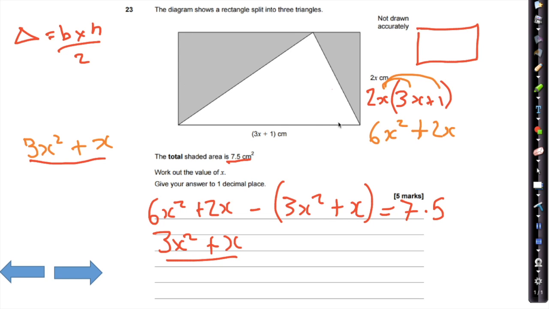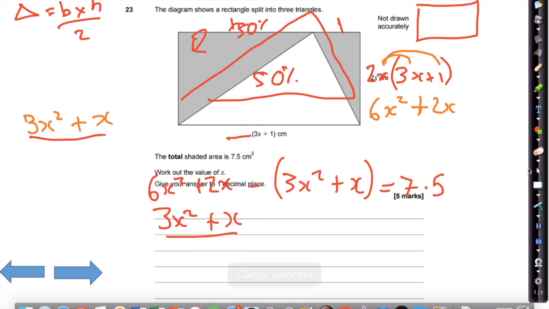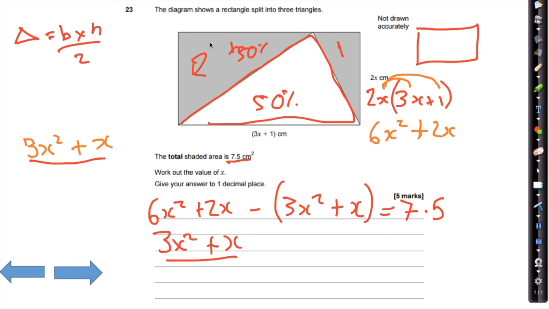So therefore, as it's half the area of the whole rectangle, the rest of it must be the remaining 50%. So as this was 50%, that means this one, so triangle 1 and triangle 2 added together as well, must also be 50% to make up the whole area. Anyway, so you could have done all that and ended up with 3x squared plus x, and that equals 7.5.